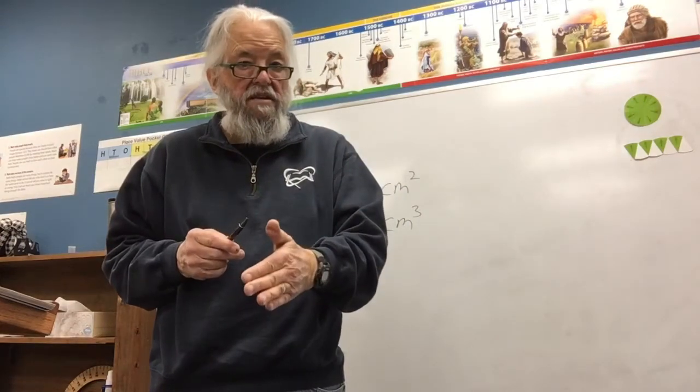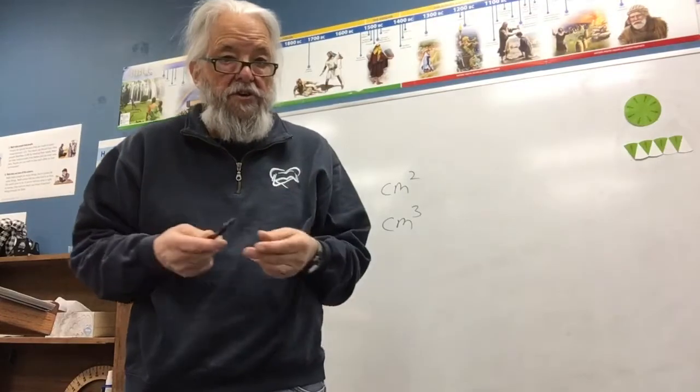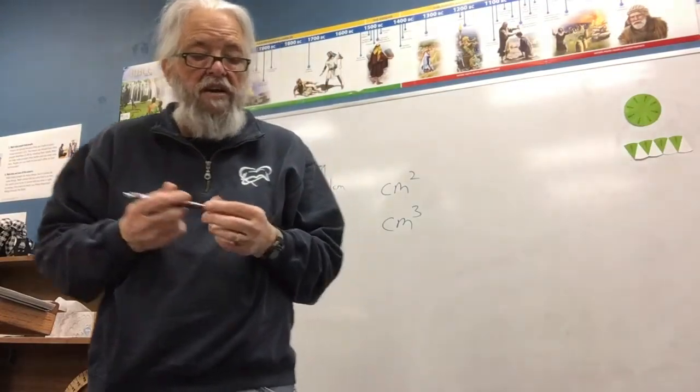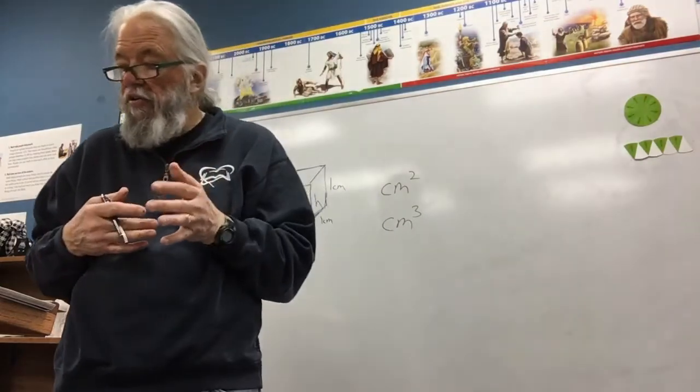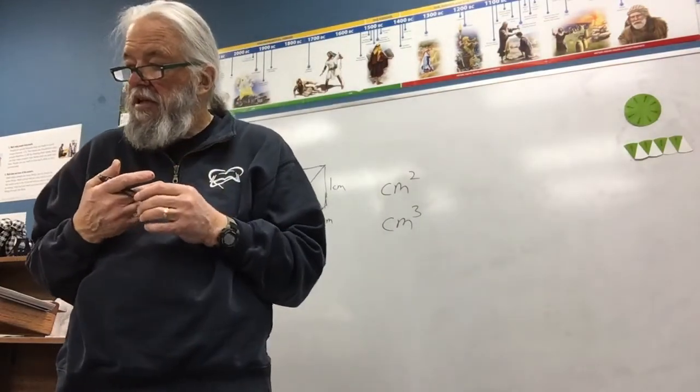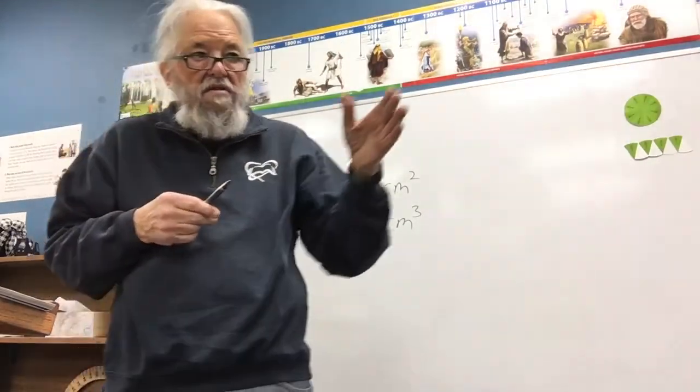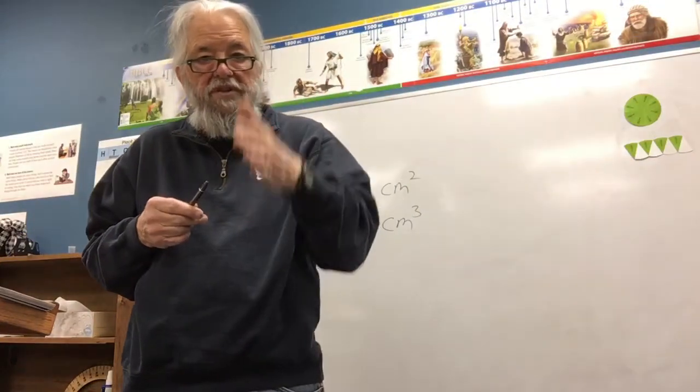Okay? So that's why to find the area of a triangle, you're doing 1/2 the base times the height. So here, where we're finding the volume of that rectangular prism, it is base times width times height.